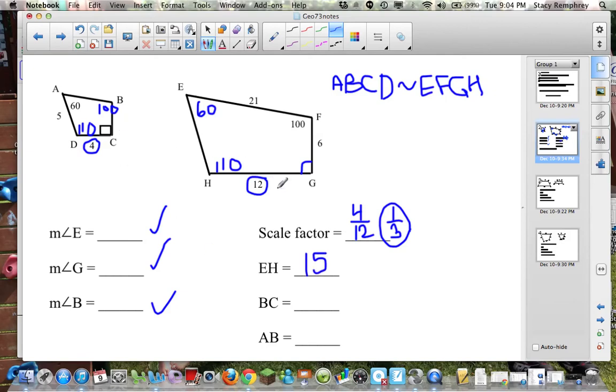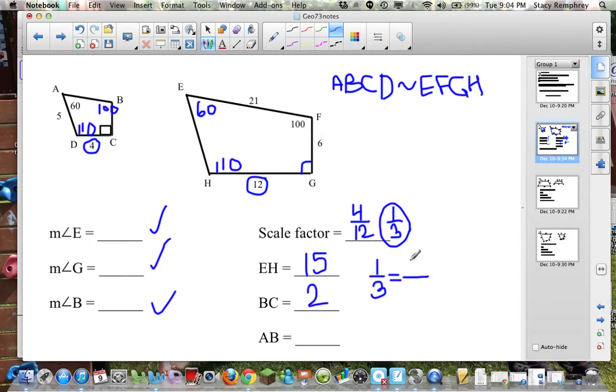BC corresponds with FG. So again, I need 1 to 3. So that means BC would be 2. If you're unsure, the other way you can do it is set your scale factor and set up the proportion.